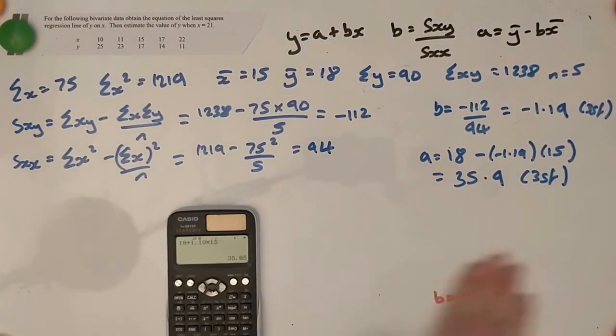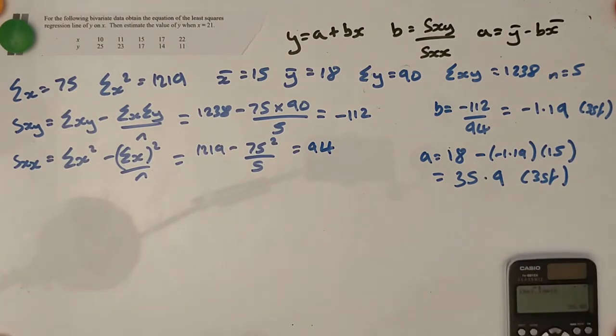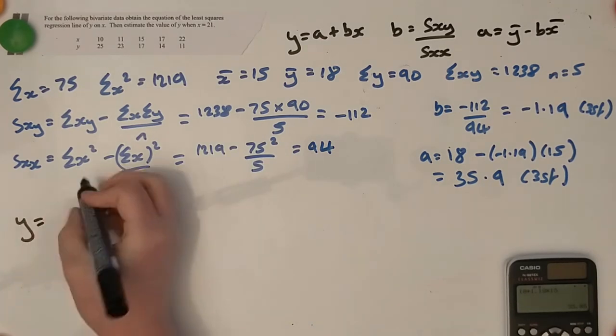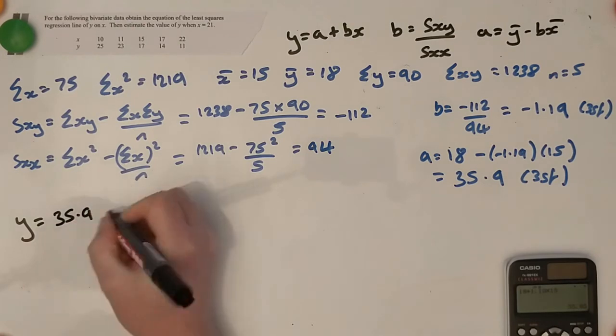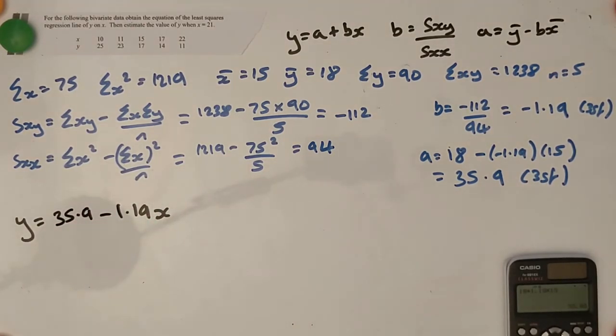So I've got the values I expected. Then I need to put that into the form y equals mx plus c. So I've got y equals 35.9 minus 1.19x. This is just y equals mx plus c, just written in this way because of economics.